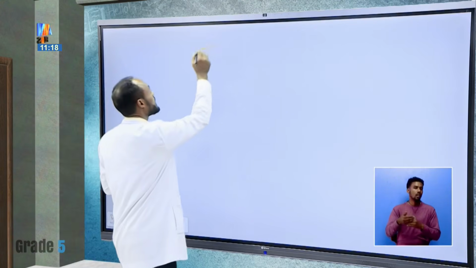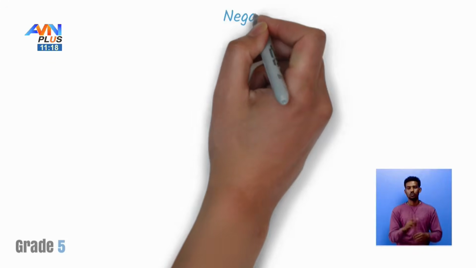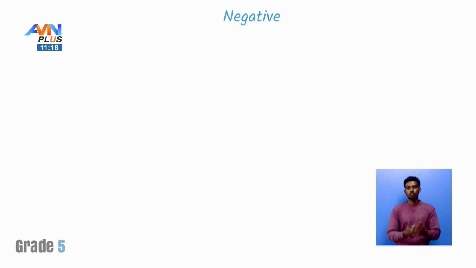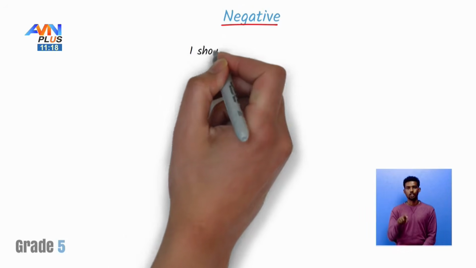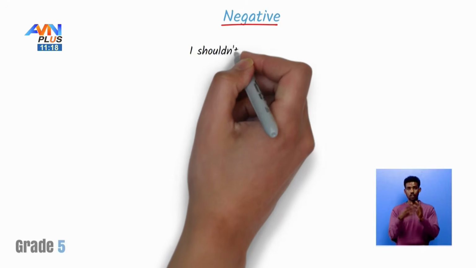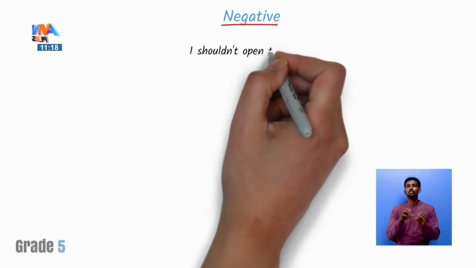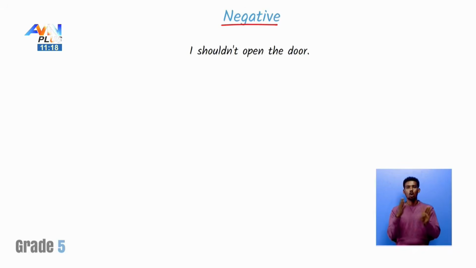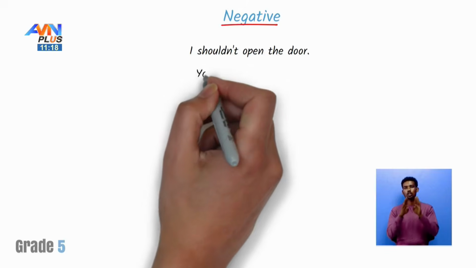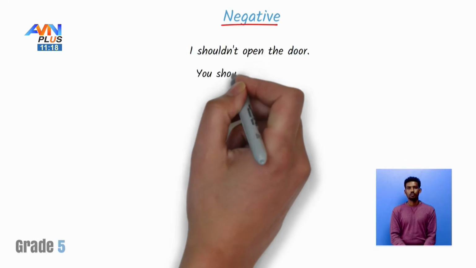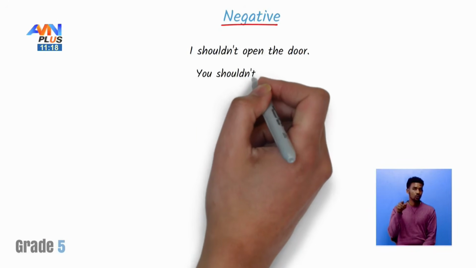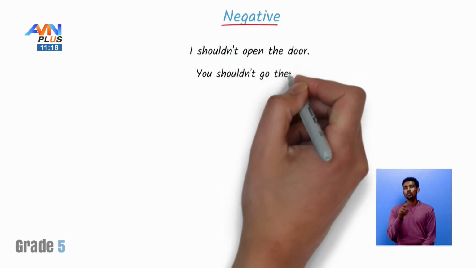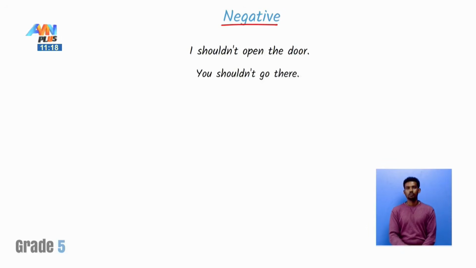What about the next point? What about the negative form? In negative, should. Yes. I should not open the door. I should not open the door. You shouldn't go there.